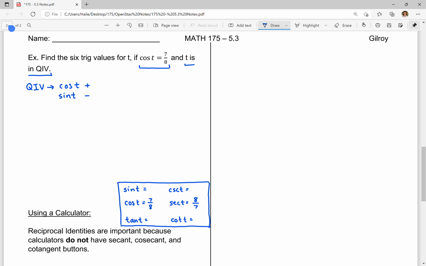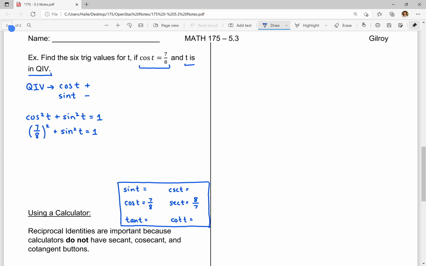To do this, we're going to use that unit circle equation that we did in 5.2, but we're going to write it in the form that we've now learned in 5.3 of that Pythagorean identity. So we're going to write cosine squared of t plus sine squared of t is equal to 1. Okay, so we're going to plug in the value we know. We know 7 over 8 is the value of cosine, so 7 over 8 squared plus sine squared of t is equal to 1.